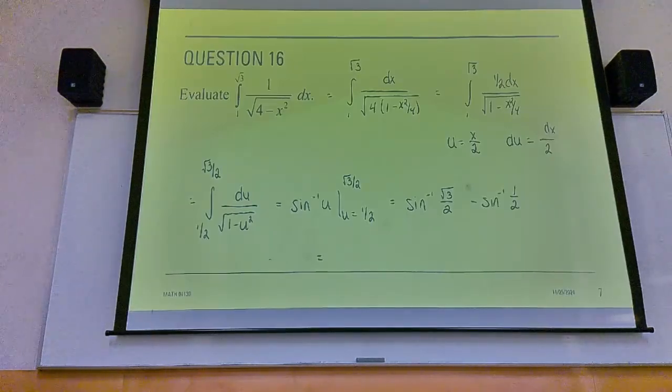What is the inverse sine of √3 over 2? Inverse sine of 1/2. Pi over 6. Yeah, it's pi over 3. What's pi over 3 minus pi over 6? There's our integral.